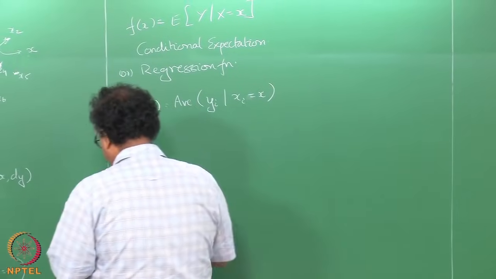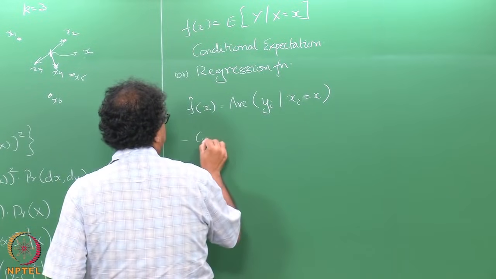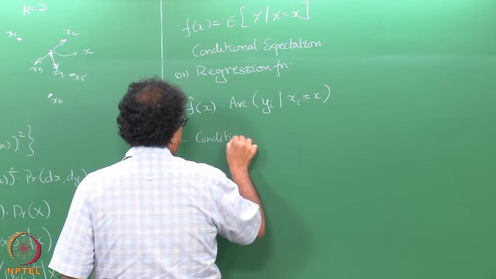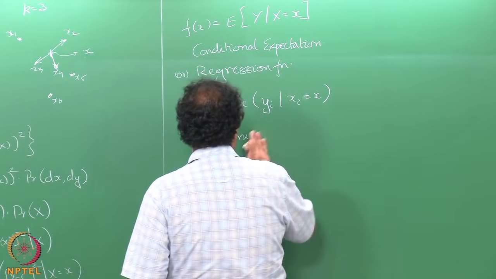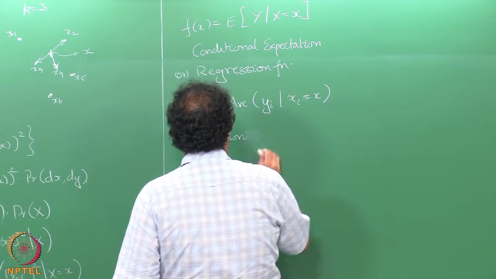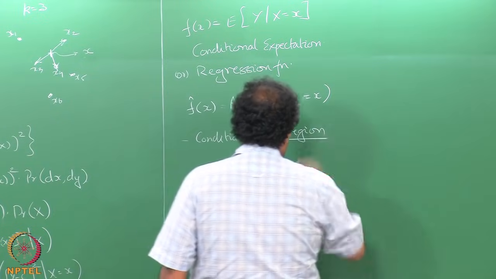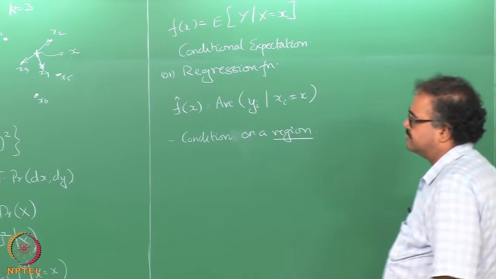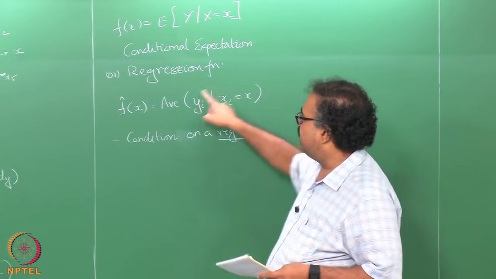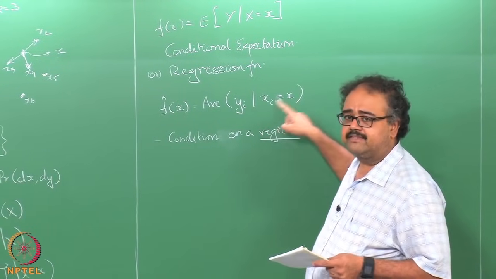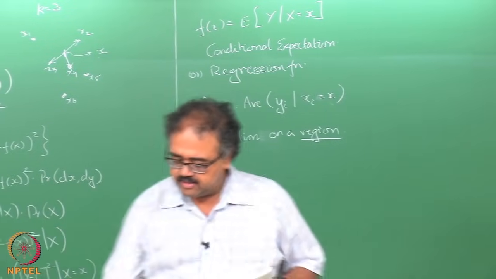So, what we will do here is we will relax the conditioning, right. Instead of conditioning on a point, we will condition on a region, right. So, what does it mean? I am taking the average here of all those data points for which xi equal to x. Now, that is not going to work, right, because there are too few data points.